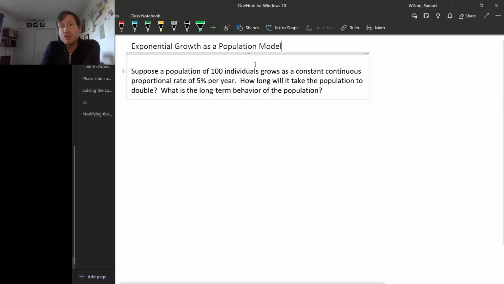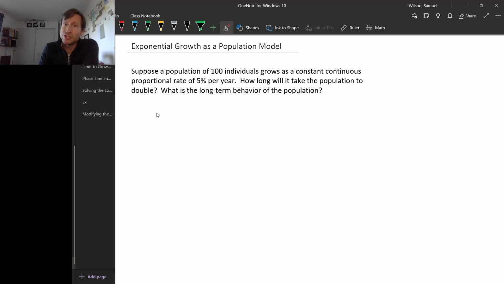With this sort of setup, we can write a differential equation to describe this population, because of this phrase, growing at a constant continuous proportional rate.